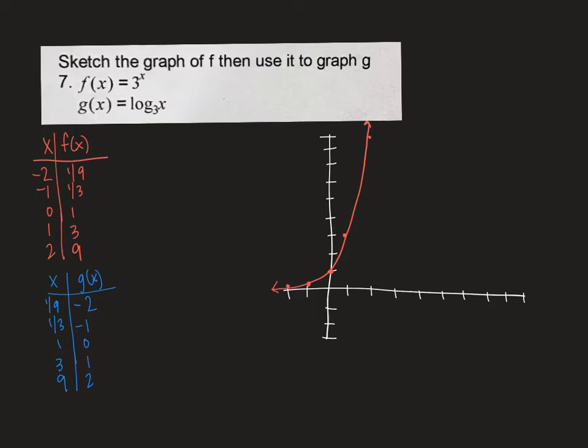So 1/9, negative 2; 1/3, negative 1; 1, 0; 3, 1; and 9, 2. So those graphs are just inverses of each other. So I would encourage you to try this one on your own. Get your ordered pairs for f of x for your exponential function, and then reverse those for your logarithmic function.